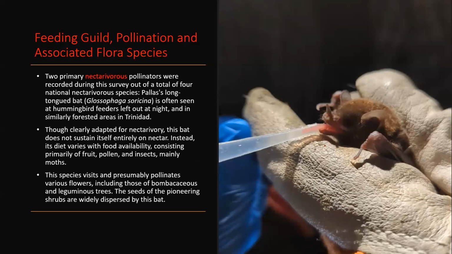Instead, its diet varies with food availability, consisting primarily of fruit, pollen, and insects, mainly moths. This species visits and presumably pollinates various flowers, including those of bombacaceous and leguminous trees. The seeds of the pioneering shrubs are widely dispersed by this bat.